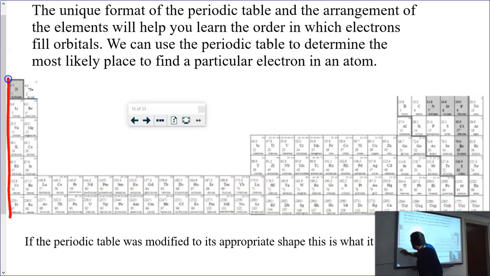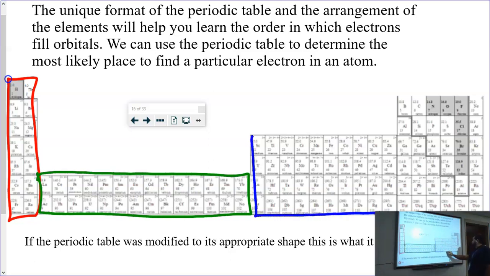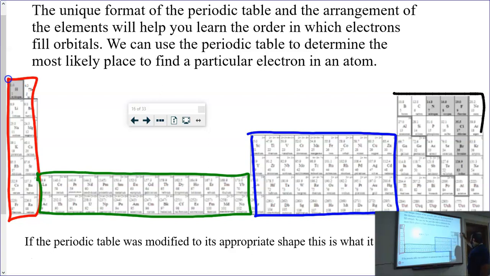There's a block right here. There's also a block right there. There's a block right here. And then last but not least, there is a block over there.